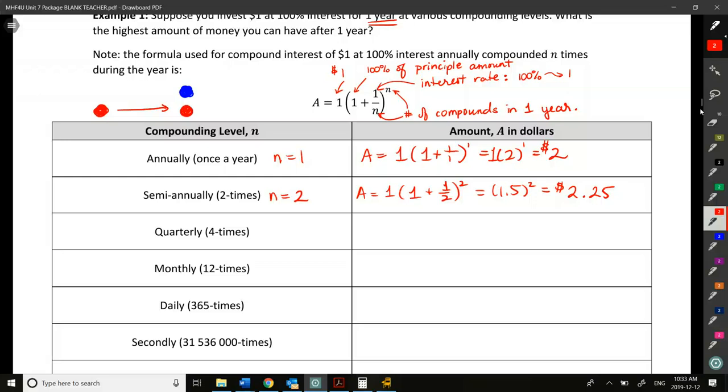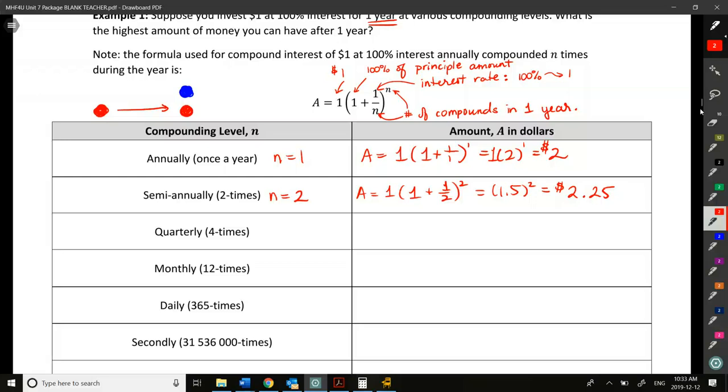Now, if I compound continuously, or I compound, let's say, 1,000,000 times in a year, I'm not going to have an insane amount of money from starting from $1. There's no way that I'm going to get up to $10,000 by the end of a year, no matter how many times I compound that interest. Agreed?